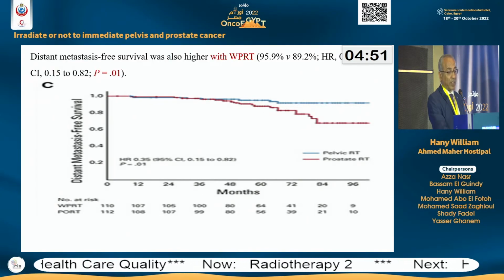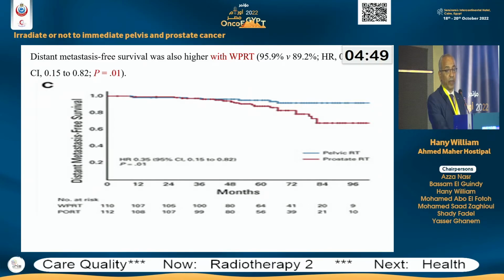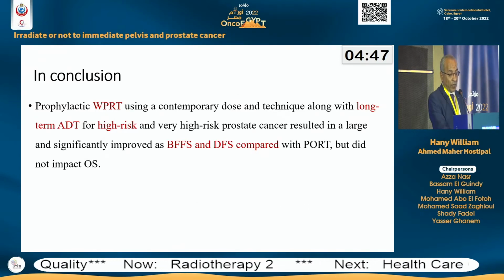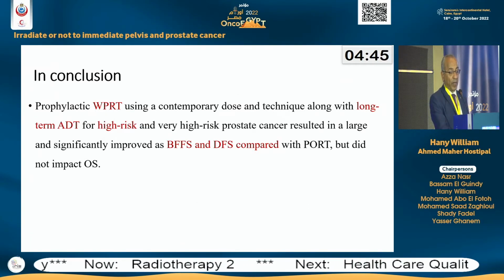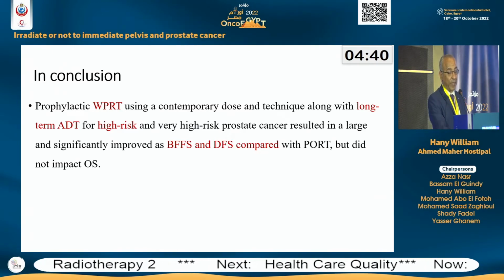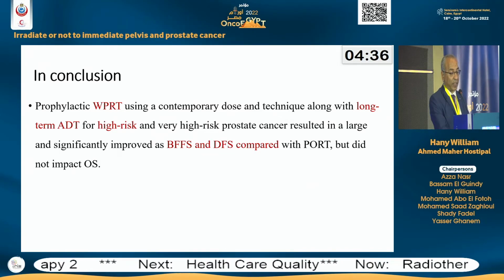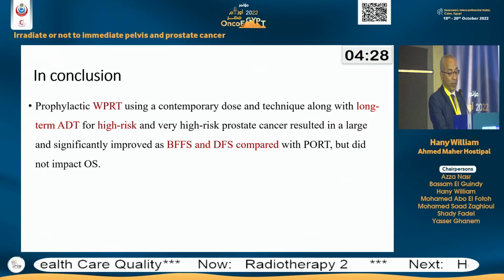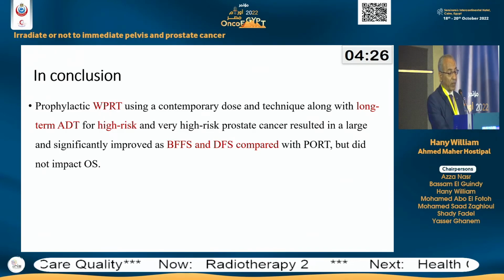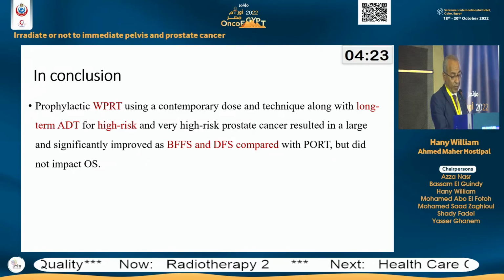Distant metastasis-free survival was also higher with whole pelvic irradiation. From this trial, prophylactic whole pelvic radiotherapy using contemporary dose and technique along with long-term ADT for high-risk and very high-risk prostate cancer resulted in a large and significantly improved biochemical failure-free survival and disease-free survival compared with radiotherapy to the prostate alone, but did not impact overall survival.